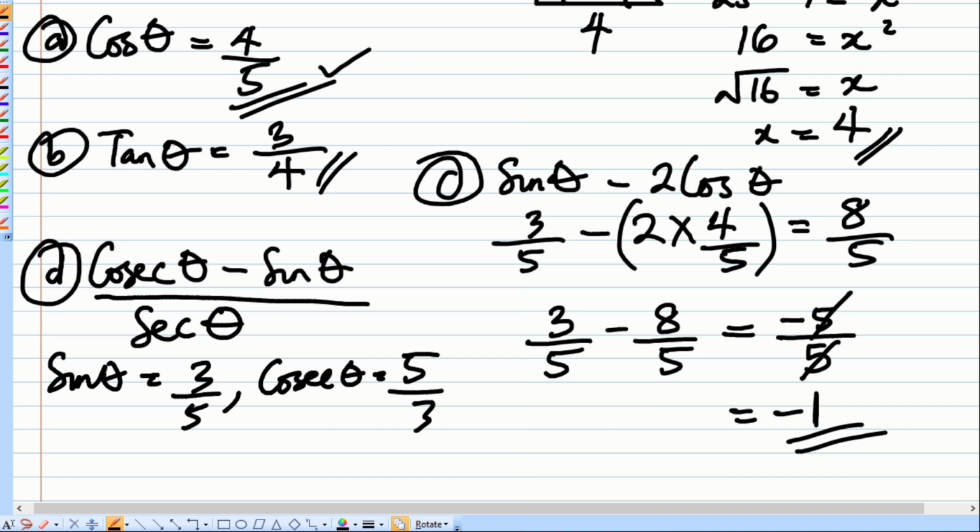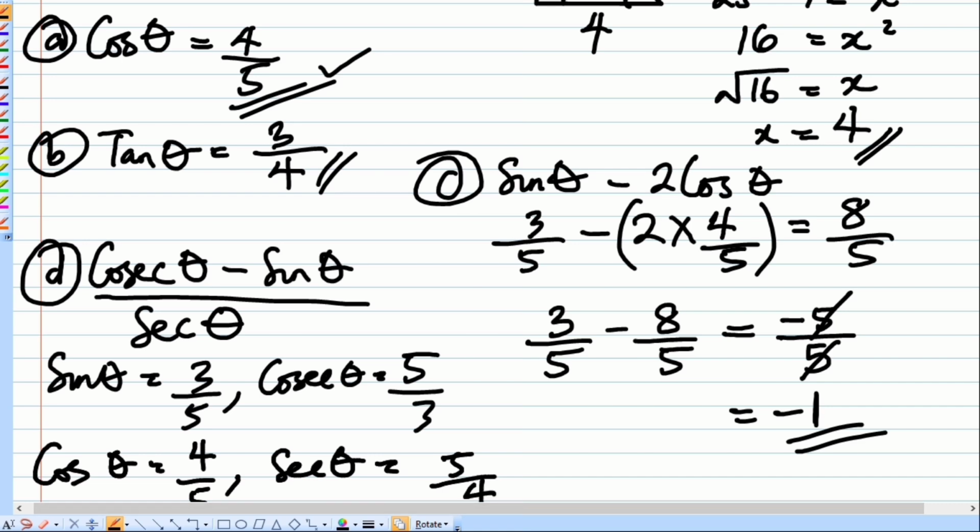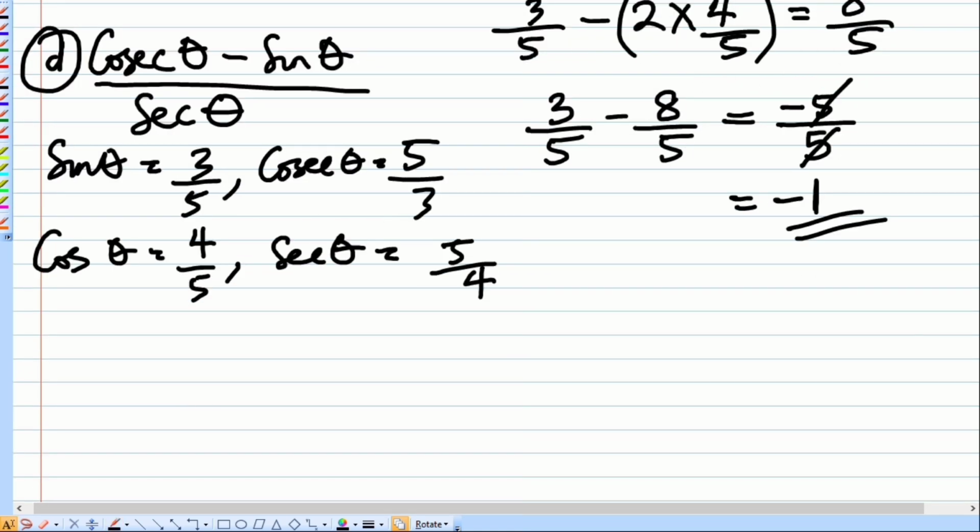What about the secant of theta? Remember, sec theta is the inverse of cos theta. We got our cos theta as 4/5. So secant of theta will be turning 4/5 upside down. So we have 5/4. So with this now we can solve the question.